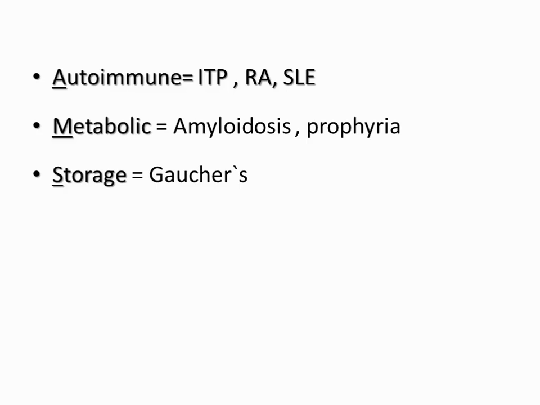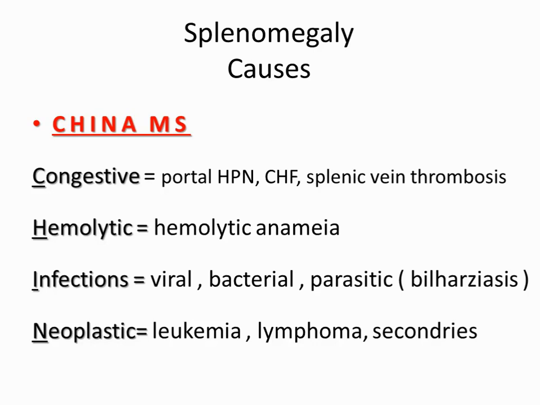Storage diseases like Gaucher disease, where glucocerebroside is deposited in the spleen, leading to huge splenomegaly. So we have splenomegaly causes and huge splenomegaly causes. The most important in Egypt are bilharzial splenomegaly and portal hypertension, leading to huge splenomegaly, grade 4 and 5 Hackett's, reaching the umbilicus.